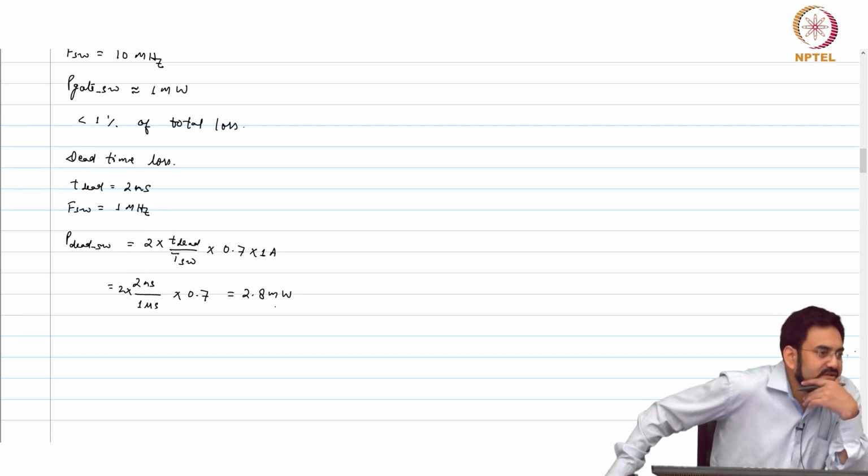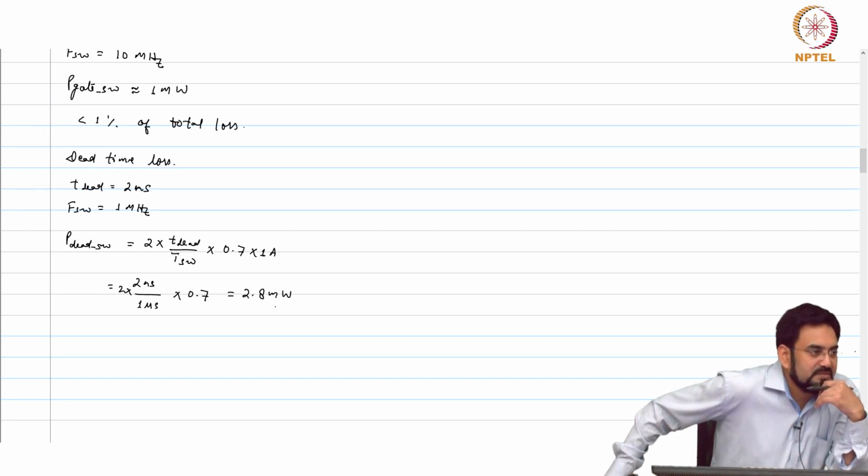So, this will limit your switching frequency or you reduce the dead time proportionally. So, if you do not get less than 1 nanosecond, like order of hundreds of picosecond dead time for 10 megahertz, then it will be very difficult to achieve more than 90% efficiency.